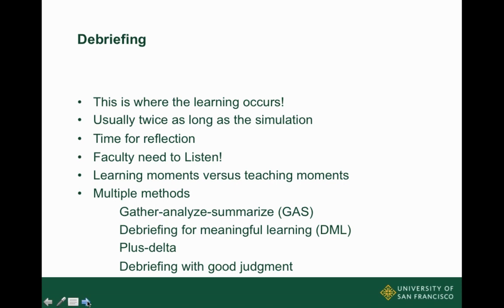And the reason for that is that you don't want to break a sense of realism. Once the learners are finished with their sim, they should move right into that debriefing room and sit down and discuss. The evidence shows that this is where the learning occurs. And although they're learning while they're in the room, the actual aha moment or light bulb comes on during debriefing.